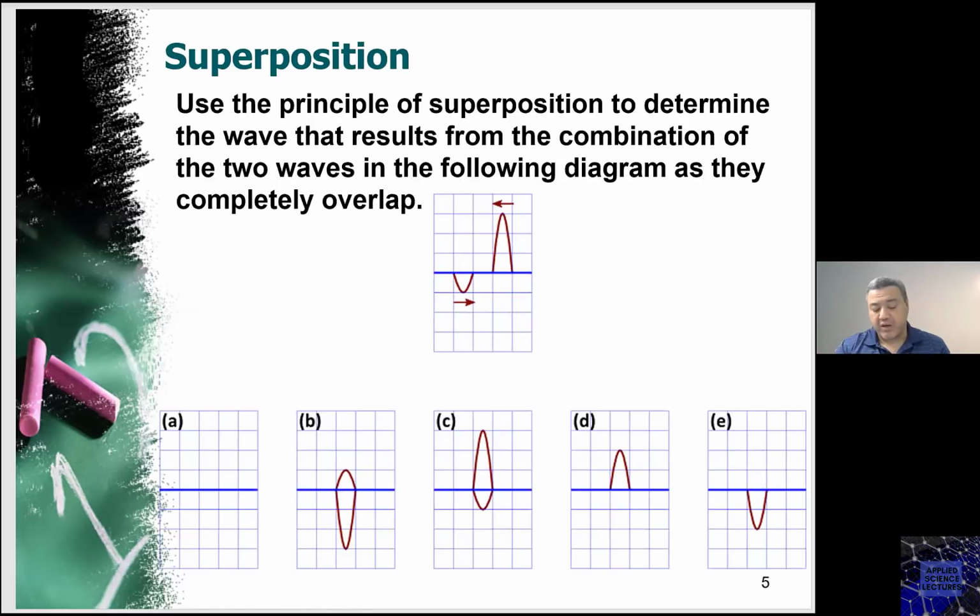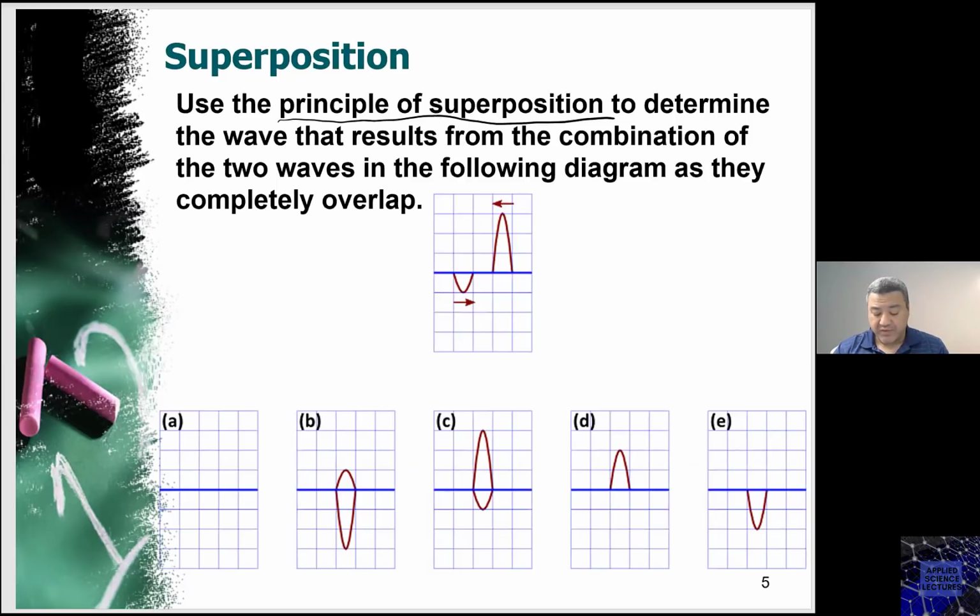Okay, so in order to explain the interference, we can look at the superposition of two signals. One of them is incident, for example, and the other one is reflected. If we use the principle of superposition to determine the wave that results from the combination of those two waves when they overlap, they will result in a subtraction, and that's what we call destructive.